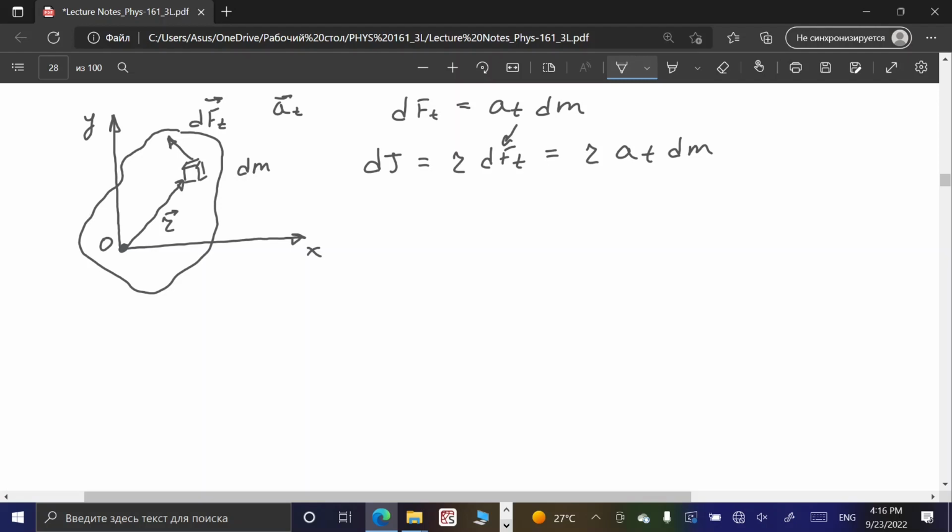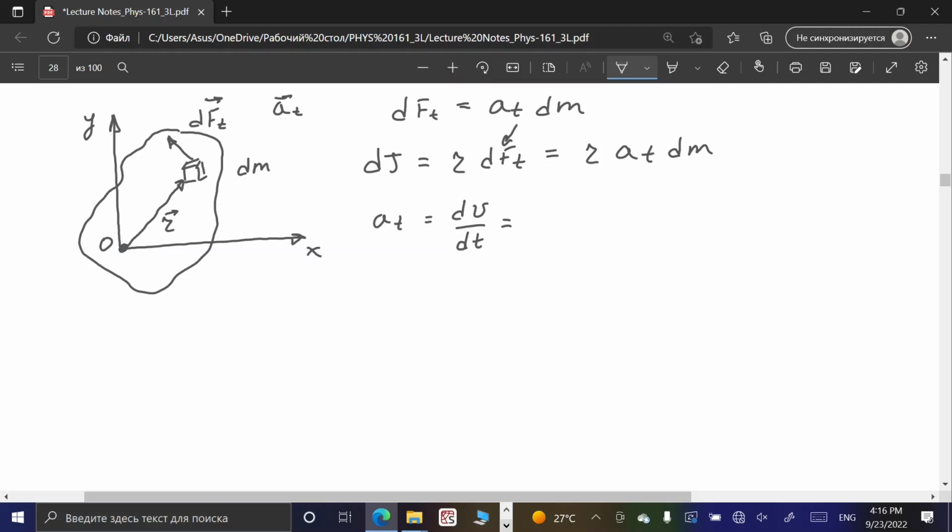Now, what can we do with the tangential acceleration? We remember that at can be expressed as dv over dt. How do we express linear velocity in terms of radius and angular velocity?